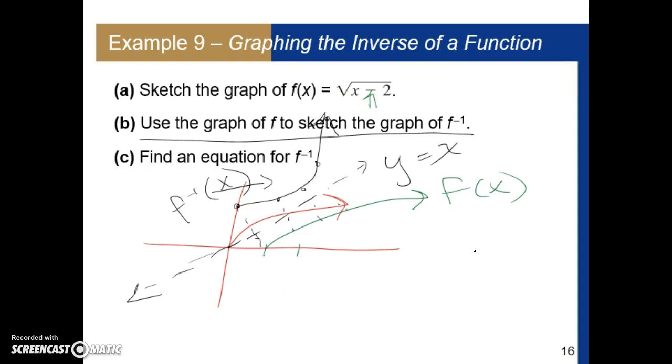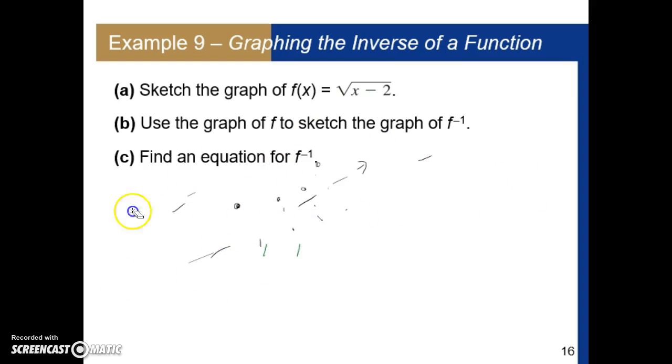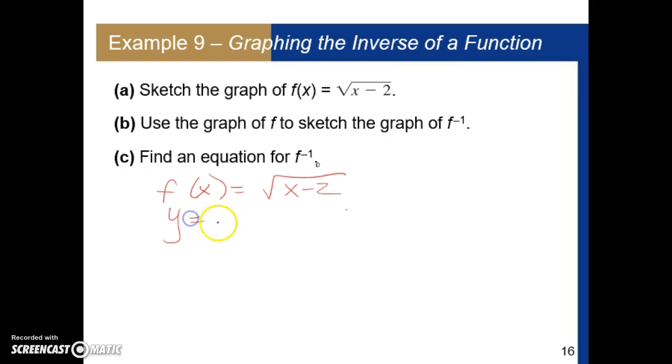I think we have time to go ahead and answer this part C on this just for more practice. I'm not sure we need it, but it said to find the equation for f inverse. So if f of x is the square root of x minus 2, that's y equals the square root of x minus 2.